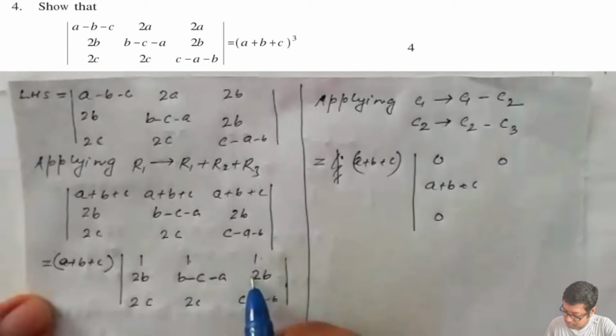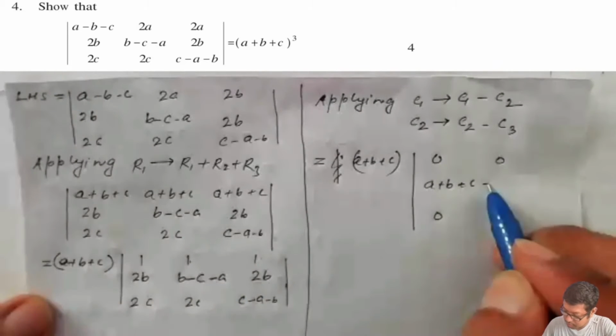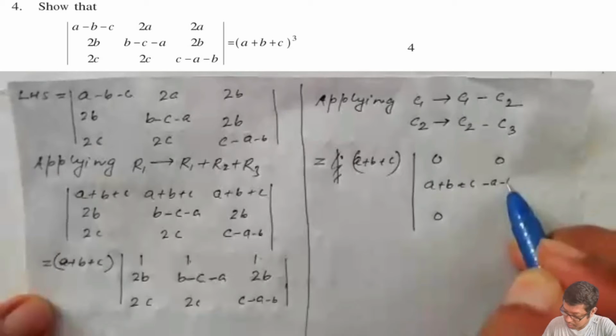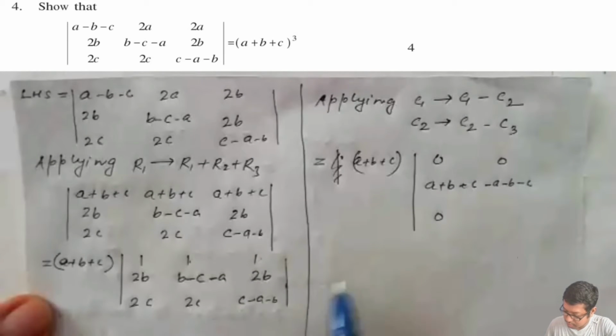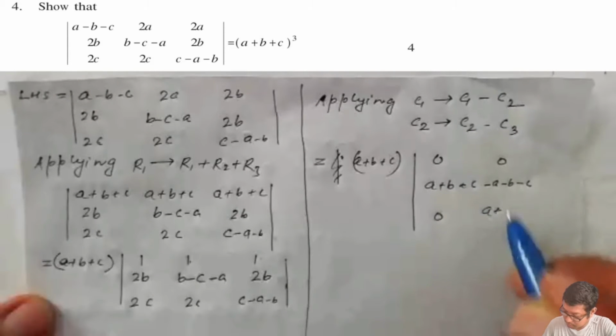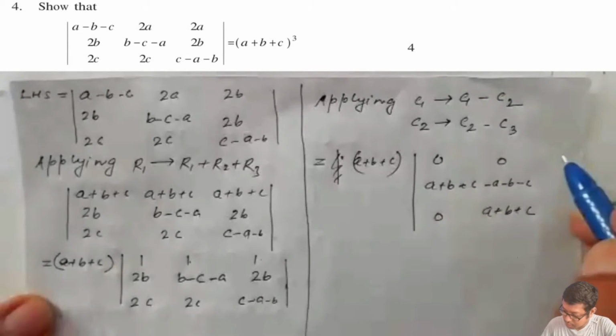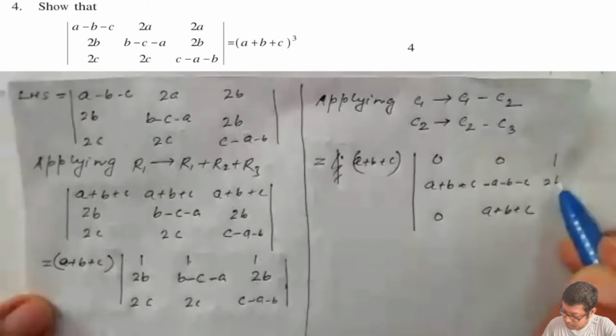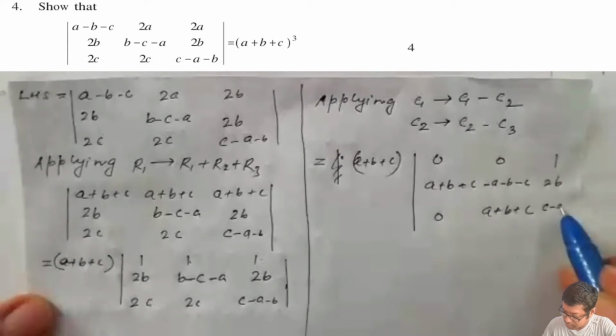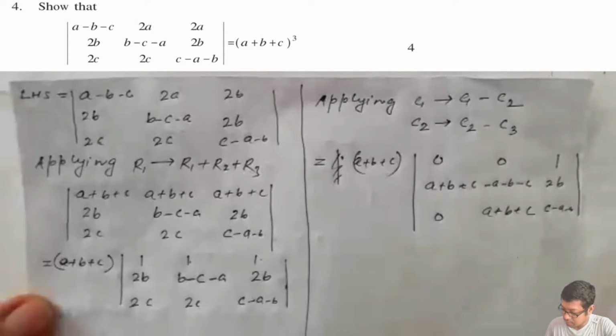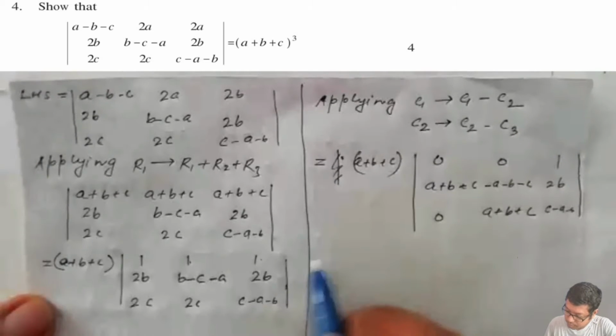This minus this will be minus a minus b minus c. This minus this will be a plus b plus c. This one is 1, twice b, c minus a minus b. Sorry.